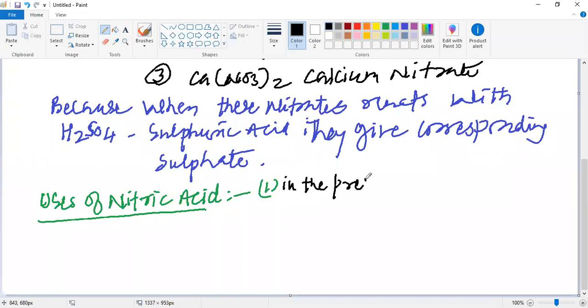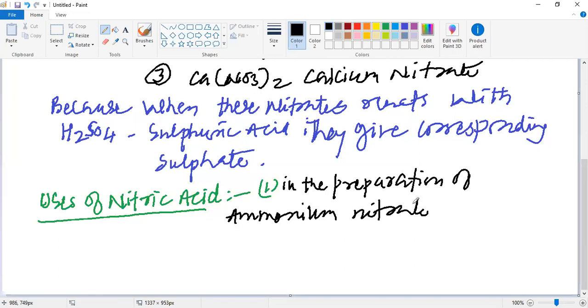In the preparation of ammonium nitrate and other fertilizers.